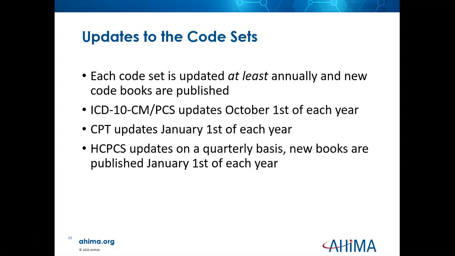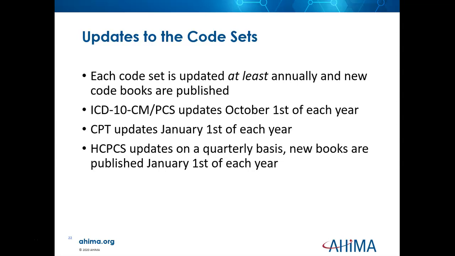The ICD-10-CM maintenance committee and the committees that are responsible for maintaining these code sets meet to discuss with stakeholders, hey, what needs to be identified with a code. So to say that they get updated at October 1st of each year, for the most part, is true.